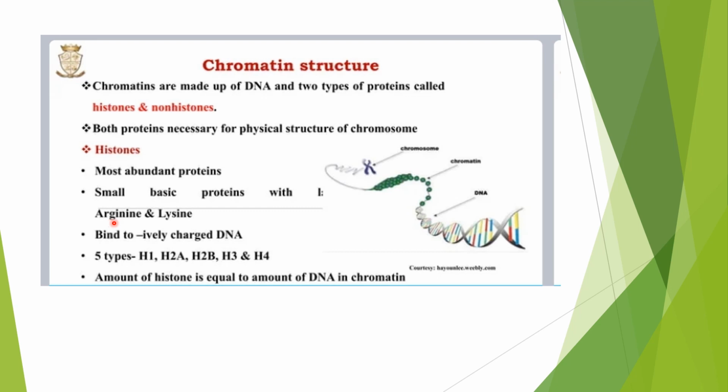Due to the presence of these amino acids, they are positively charged, and thus they bind to negatively charged DNA. There are 5 types of histone proteins: H1, H2A, H2B, H3 and H4. The amount of histones is equal to the amount of DNA in chromatin.